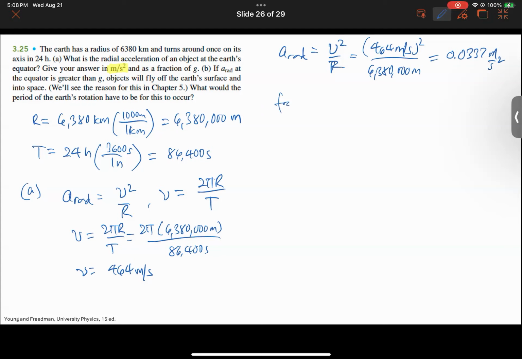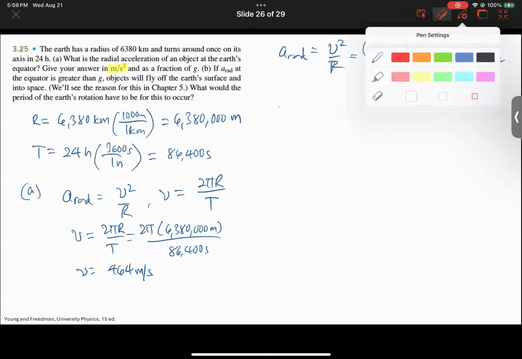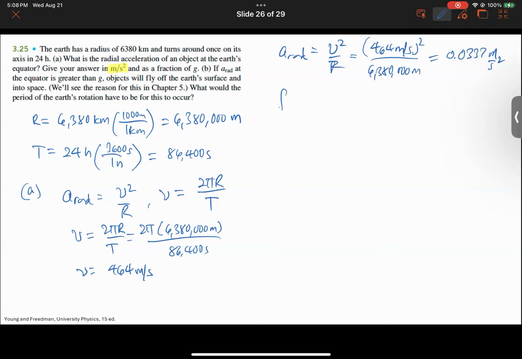So the fraction of g, of the acceleration due to gravity, is 0.0337 meters per second squared divided by 9.8 meters per second squared, or 0.0034.